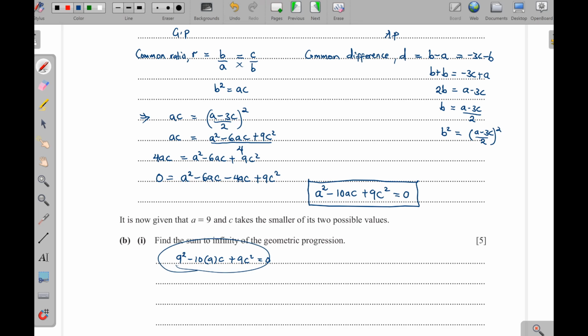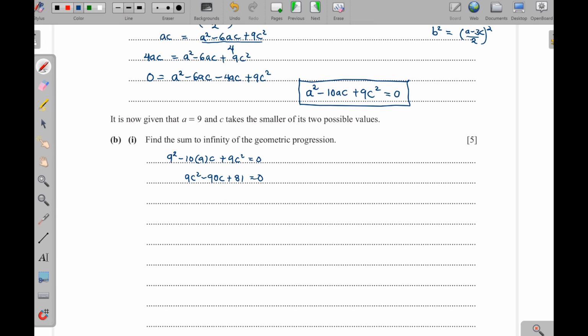So from here we are going to get the quadratic in c. That is 9c squared, minus 90c, and positive 81, which is equal to 0. Divide all through by 9. That means we shall have c squared minus 90 divided by 9, isn't that a 10? So 10c, then plus 9. Two numbers, when multiplied, give us positive 9, but when added, give us negative 10.